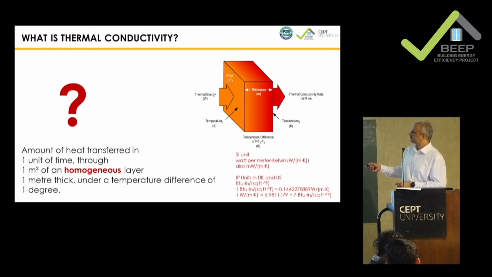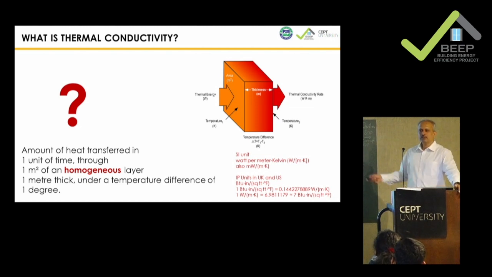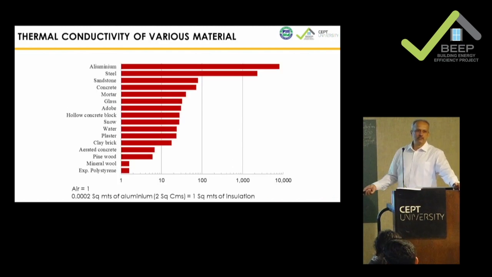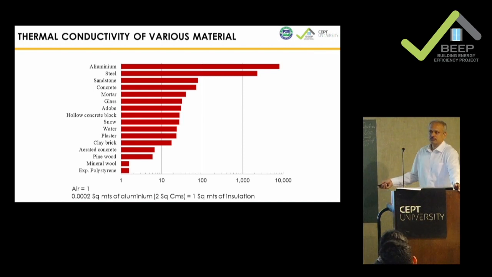But when it is a single homogeneous cross section, we look at the conductivity to start with. And as you can see, there is a huge range of conductivities, from aluminum to water to expanded polystyrene. The amount of heat that gets transferred through them has huge variation, right? Most of them we use in buildings, and as you can see, the range is from 1 to probably 10,000.